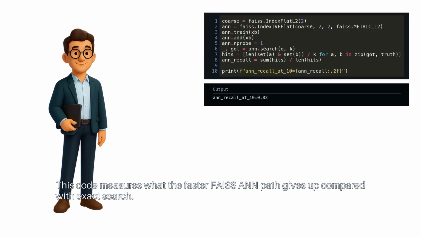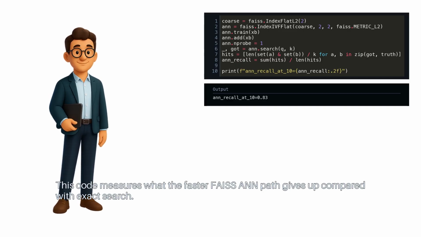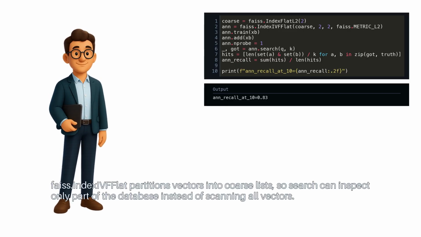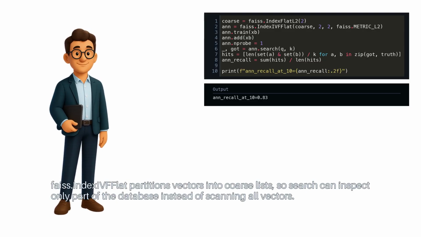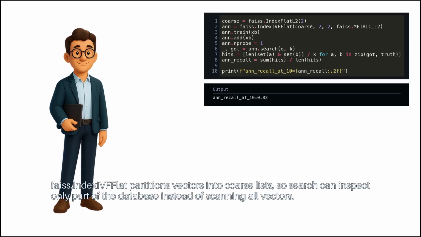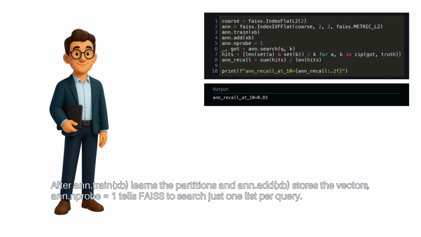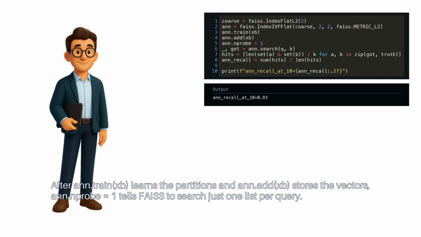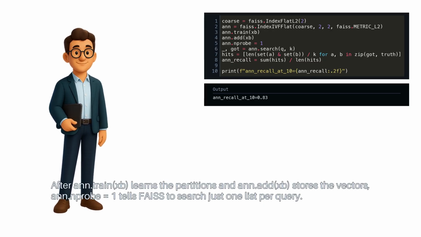This code measures what the faster FAISS ANN path gives up compared with exact search. faiss.IndexIVFFlat partitions vectors into coarse lists, so search can inspect only part of the database instead of scanning all vectors. After ann.train(xb) learns the partitions, and ann.add(xb) stores the vectors, ann.nprobe = 1 tells FAISS to search just one list per query.